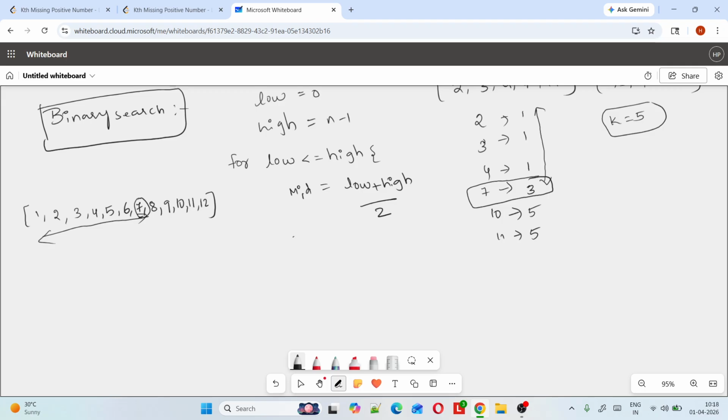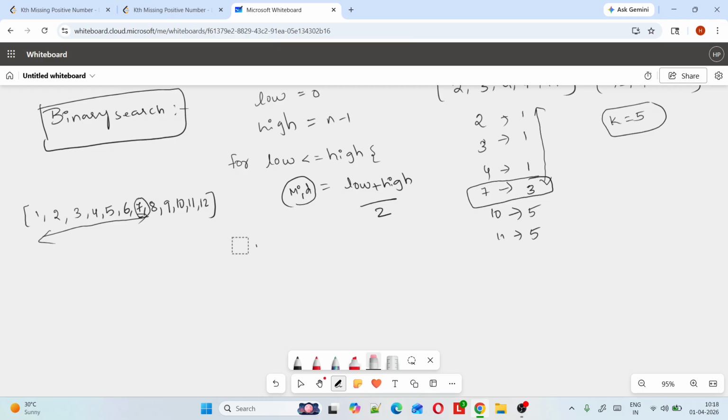So to find the number of missing numbers, since we got the mid value, I write: if array of mid minus mid plus 1, replacing I with mid, is greater than or equal to k.